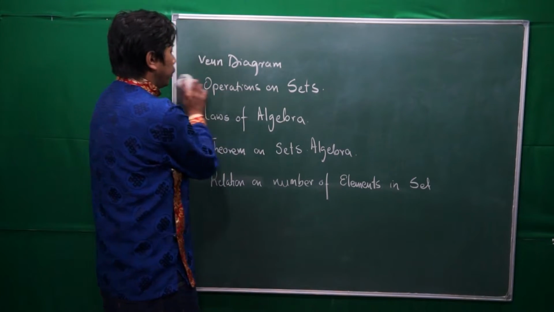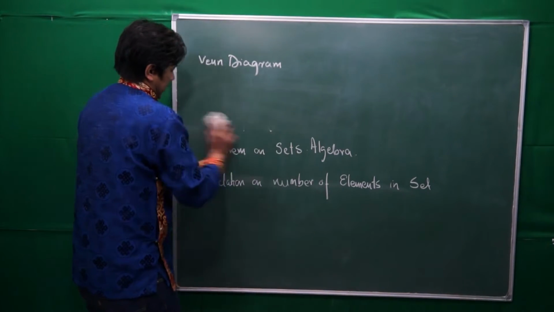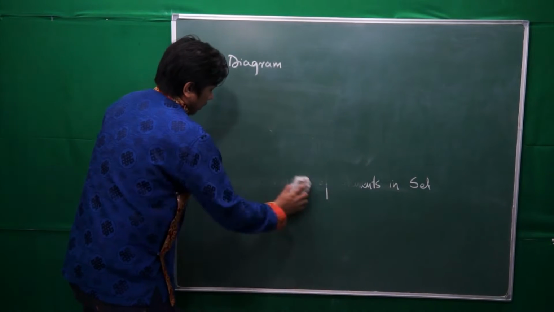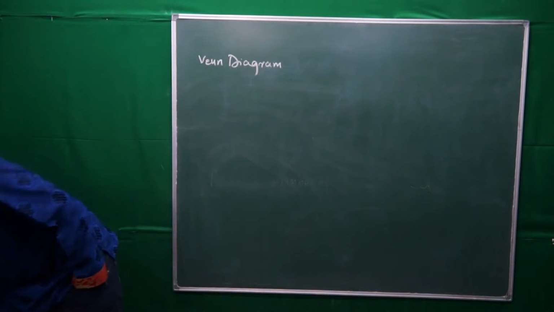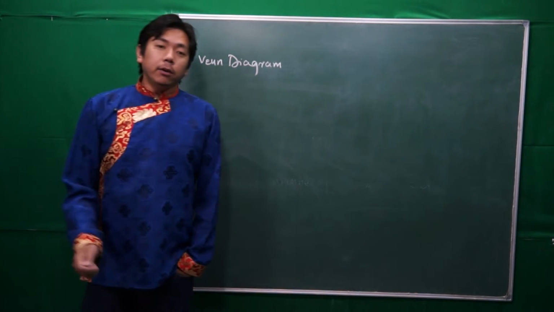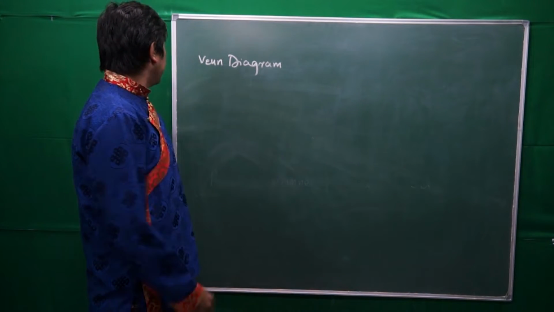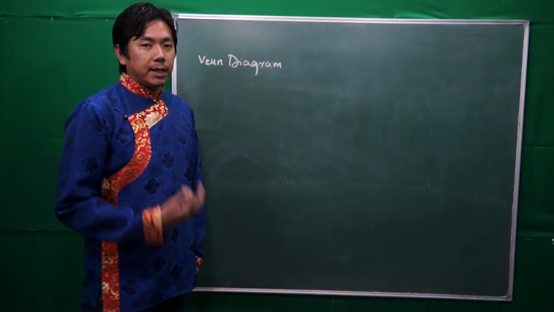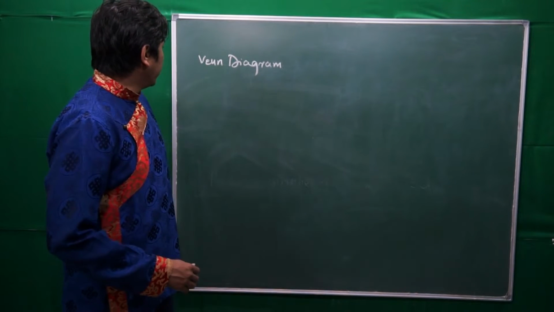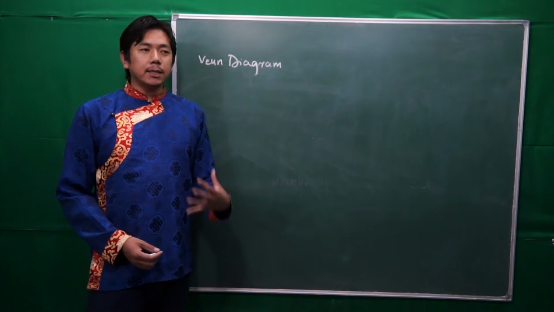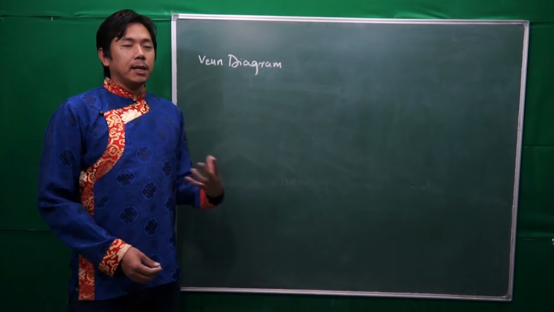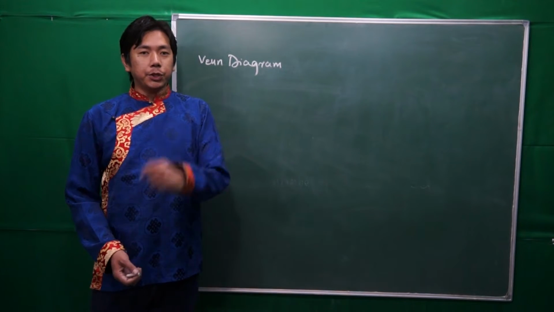So to begin with, Venn diagrams. A mathematician by the name John Venn, in collaboration with Euler, devised a method of operations of sets, and that method came to be known as Venn diagram. He created diagrams through which sets can be represented and their operations as well.